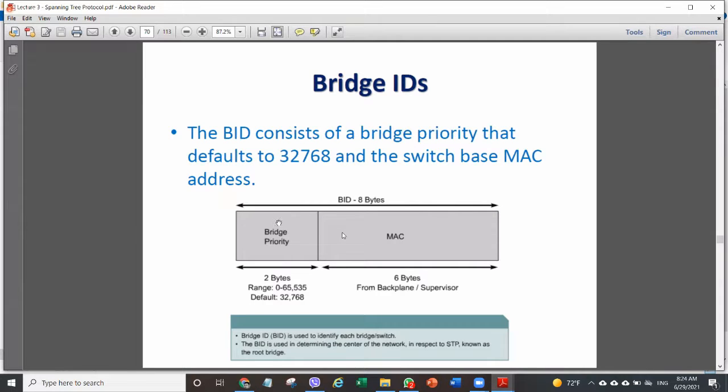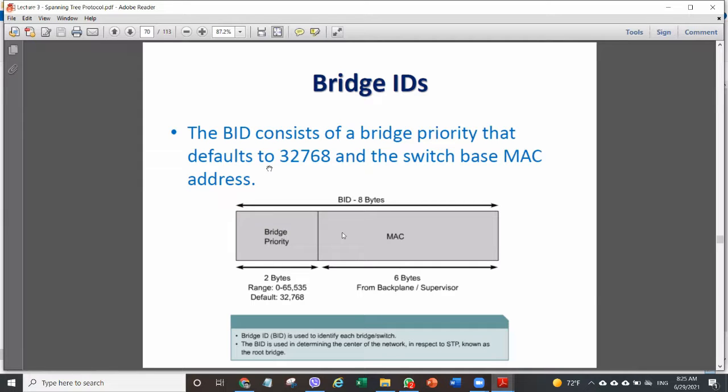Yeah, this is important. This is about the structure of the BPDU. The bridge ID consists of a bridge priority that defaults to 32768 and the switch MAC address.